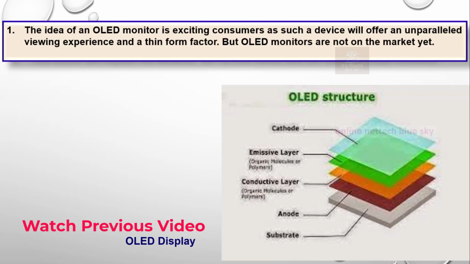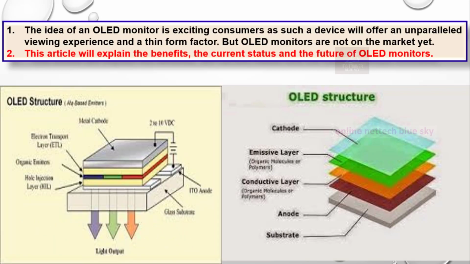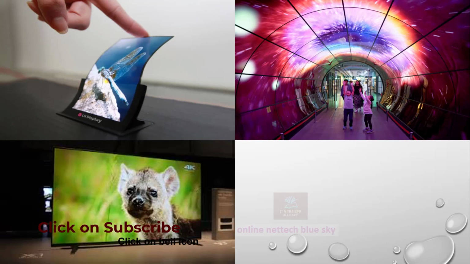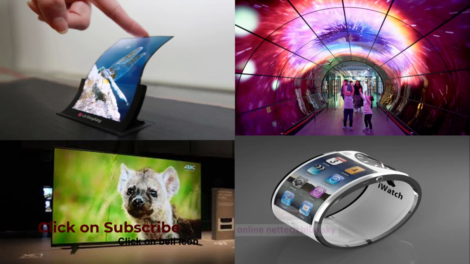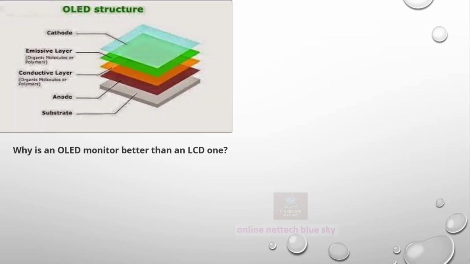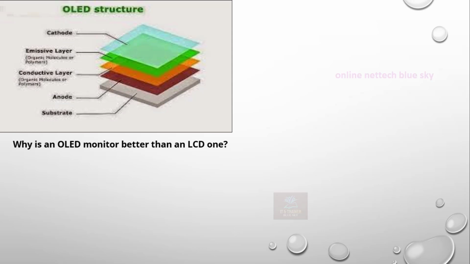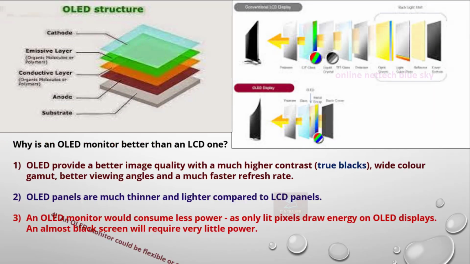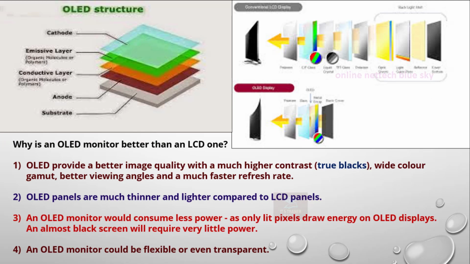I already created a previous video on OLED technology, which is very flexible and can even be transparent. Watch the previous video, it is very important, or you cannot understand this video. OLED is one type of structure and it is better than LCD.